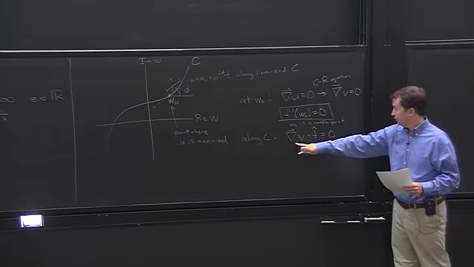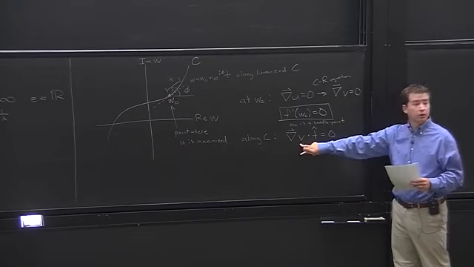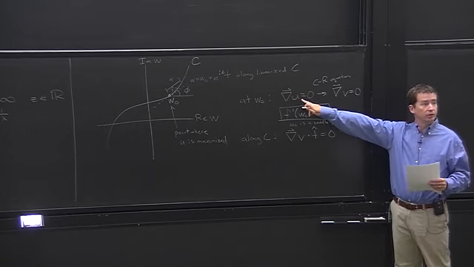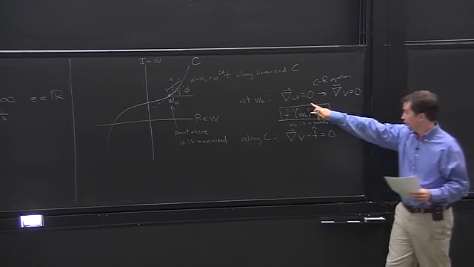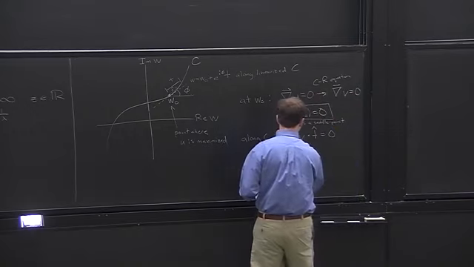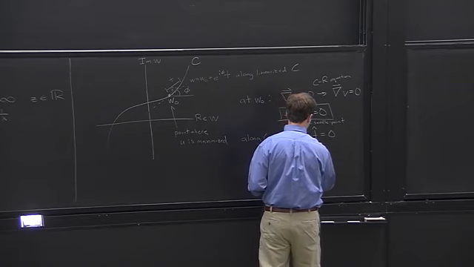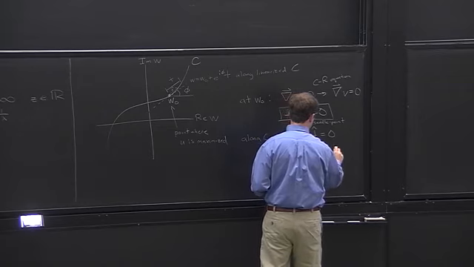But the gradient of the imaginary part is always perpendicular to the gradient of the real part, so that tells us that the gradient of the real part is parallel to the tangent vector.